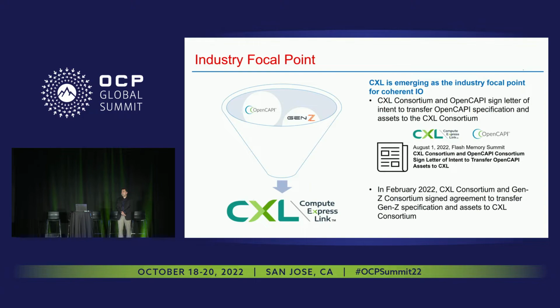So both Gen Z and OpenCAPI Consortium decided to move their assets to CXL. So all members and promoters of CXL specification can benefit from that. What that means is that individual technical staff will have access to all of those specifications to address the needs of use cases that are emerging around CXL.